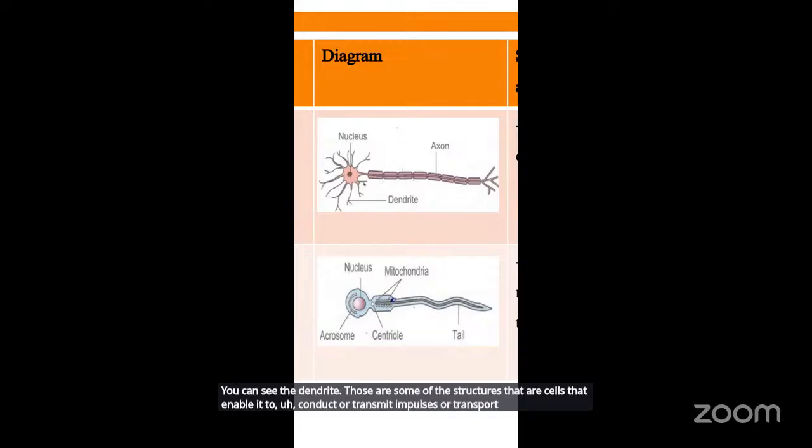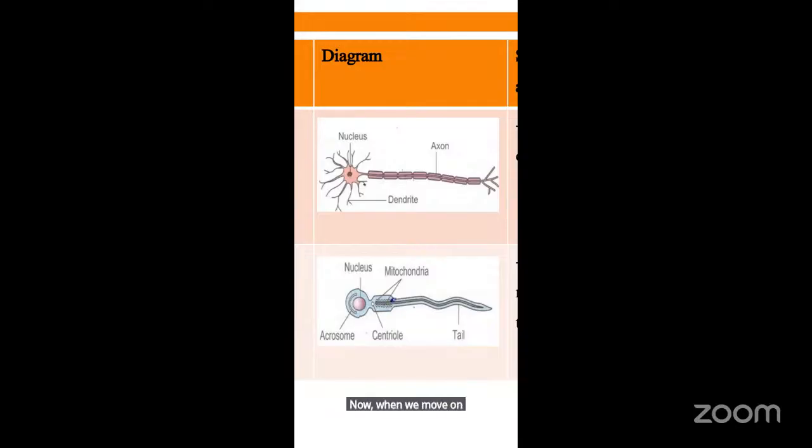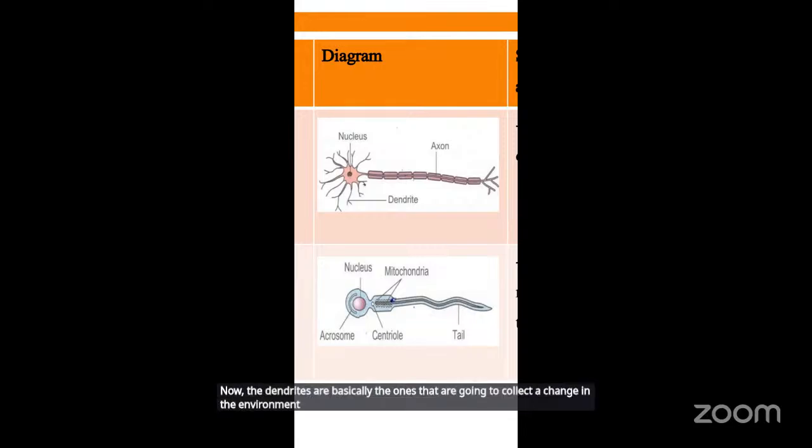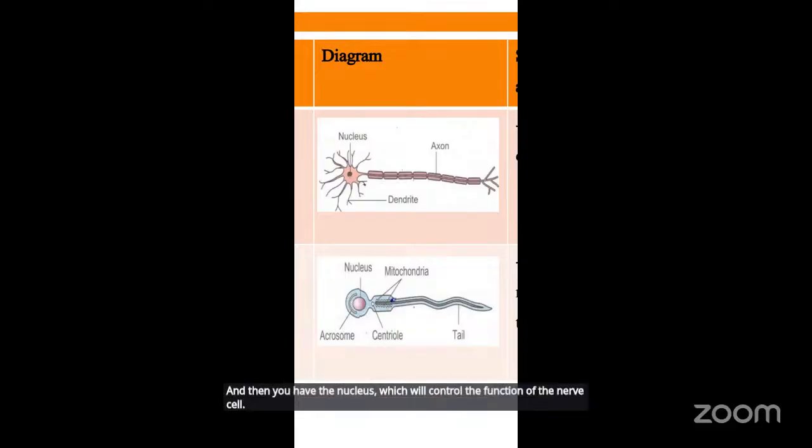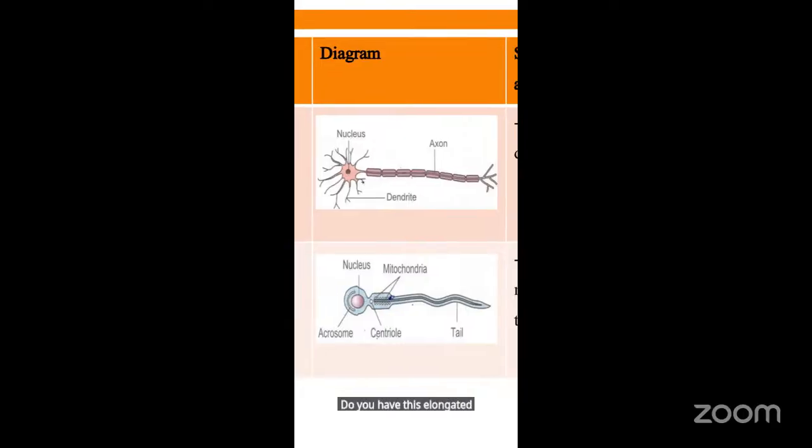or transport impulses in the body. Now, when we move on to Form 4 work, we are going to see the function of the dendrite. The dendrites are basically the ones that are going to collect a change in the environment, like when you are pricked or pinched. And then you have the nucleus, which will control the function of the nerve cell. Then you have this elongated structure here known as the axon.